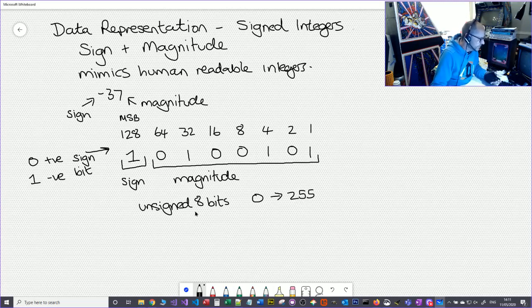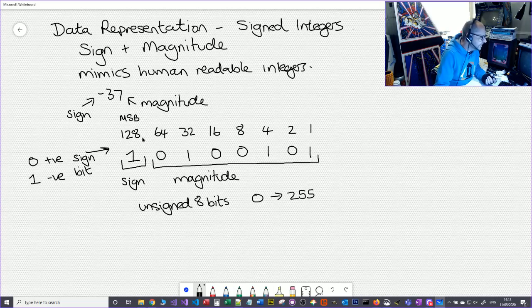But with this, we've effectively reduced the size, the magnitude. We've only got 7 bits to represent the size of the number. So using what we talked about in the unsigned numbers, the largest number you could represent would be if all of this was ones.